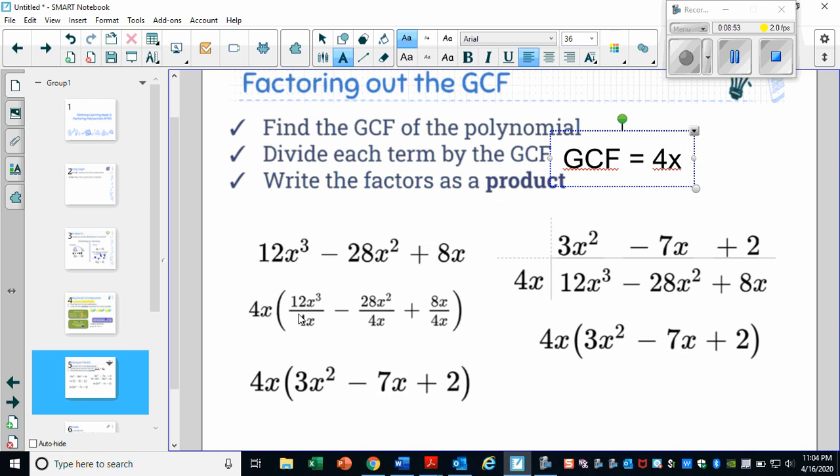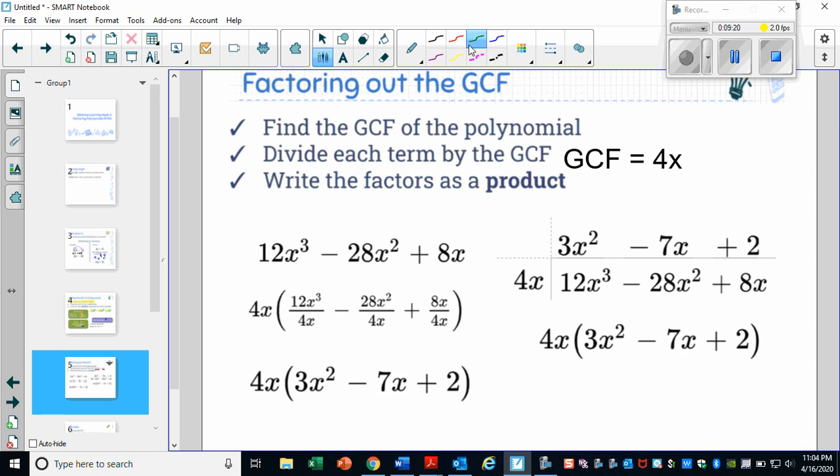So for instance, 12x cubed divided by 4x, that's 3x squared. Negative 28x squared divided by 4x, the negative sign you keep. 28 divided by 4 is 7. x squared divided by x is just x. Just remember, subtract your exponents. 2 minus 1 is 1.